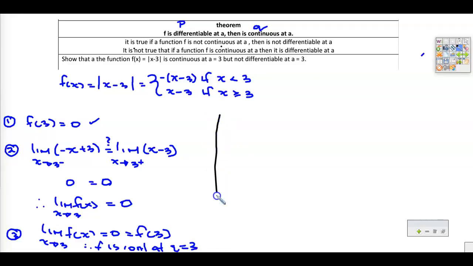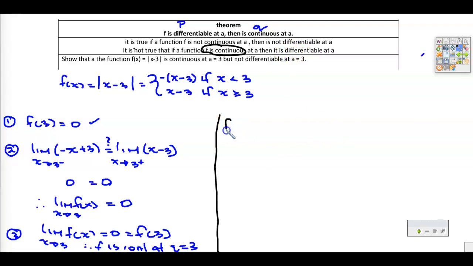Now, this is showing you here that this function is continuous. So if it's continuous, can we imply that it's differentiable? No, we can't, and I'll show you.